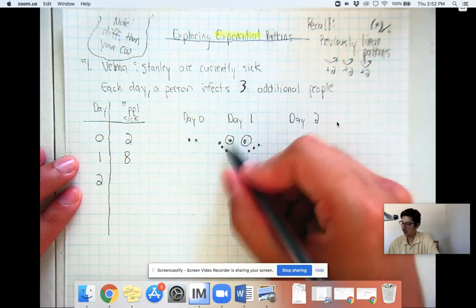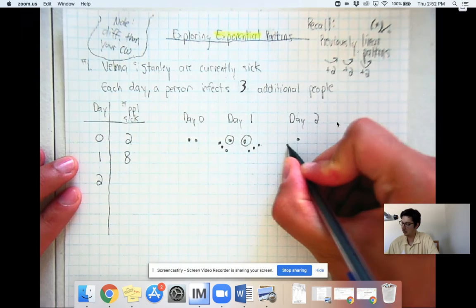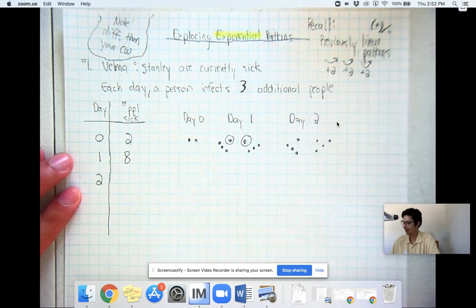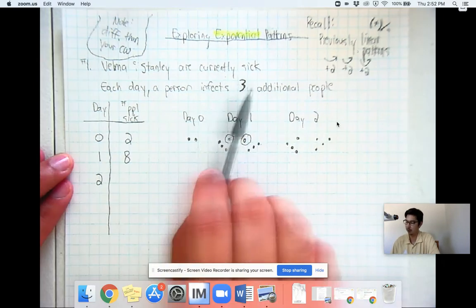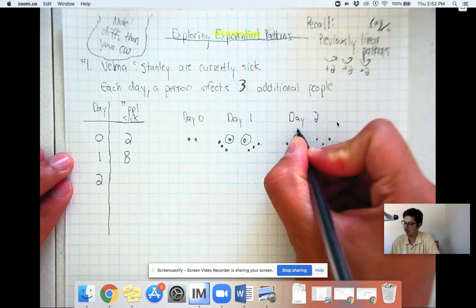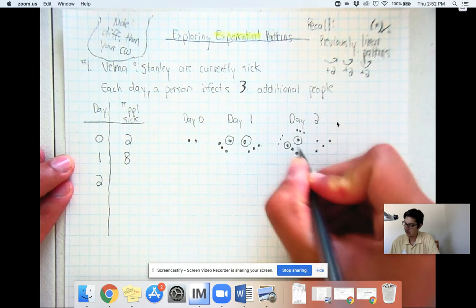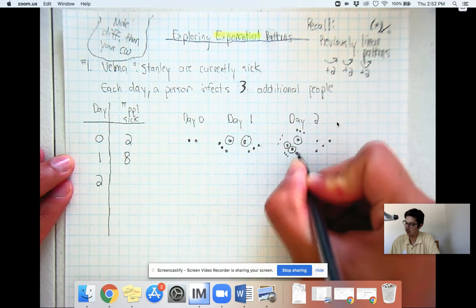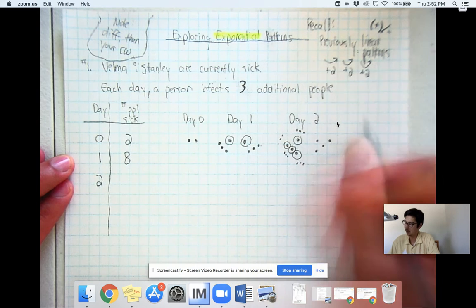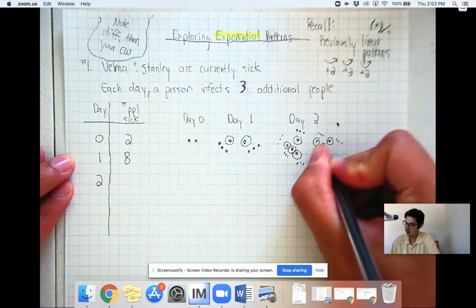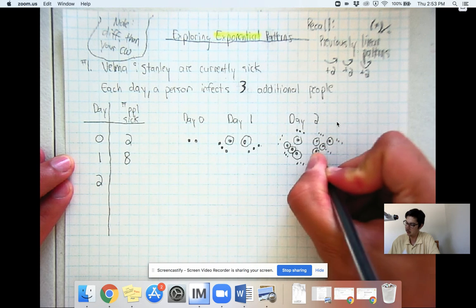right, now we have those 8 people, so I'm going to redraw those 8 people. And each person infects 3 additional people, so they'll infect 3 more. 1, 2, 3. This person will infect 3 more. This person will infect 3 more. This person will infect 3 more. This person will infect 3 more, as will this one, here, and here.